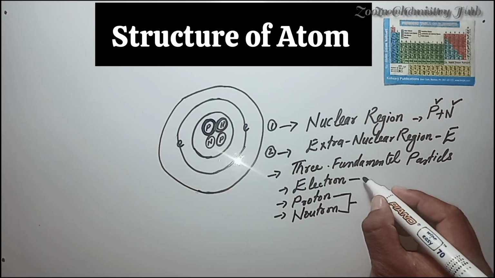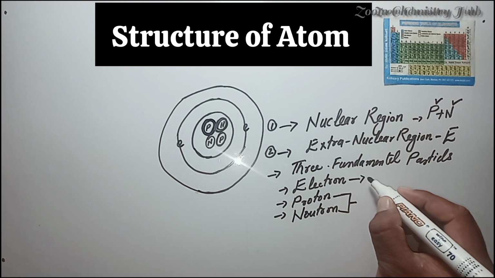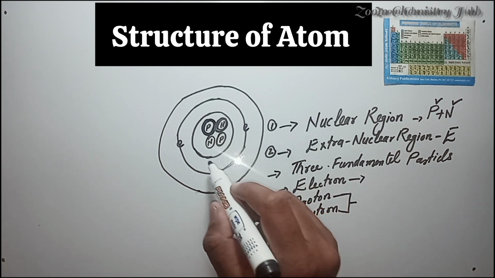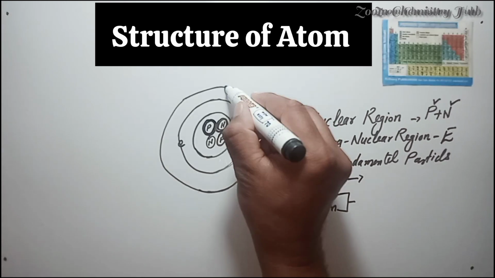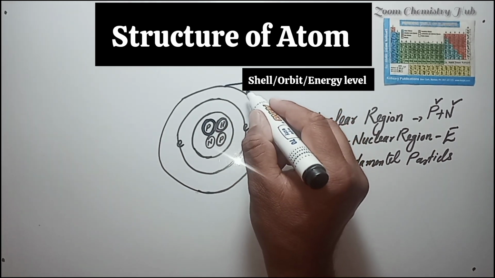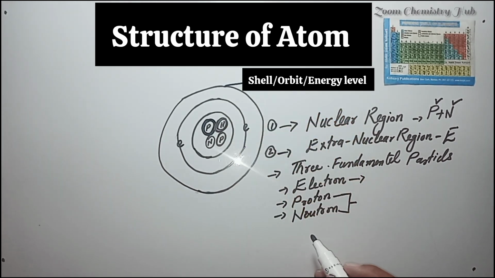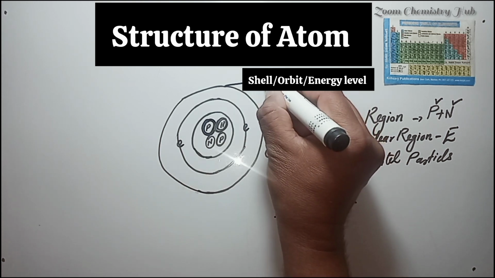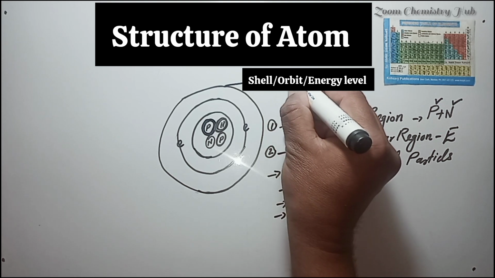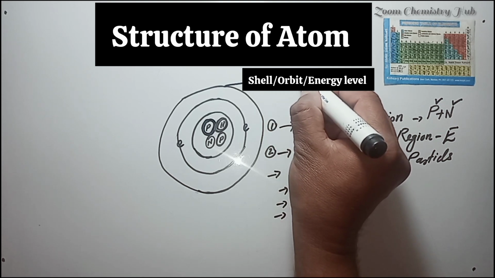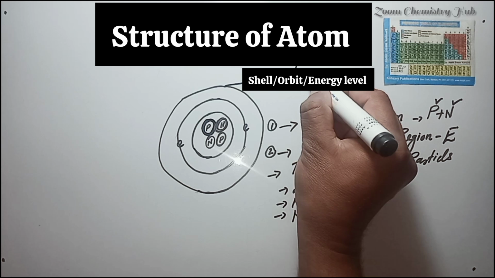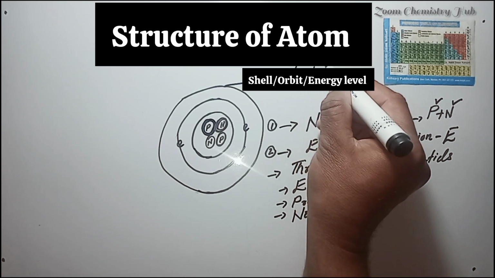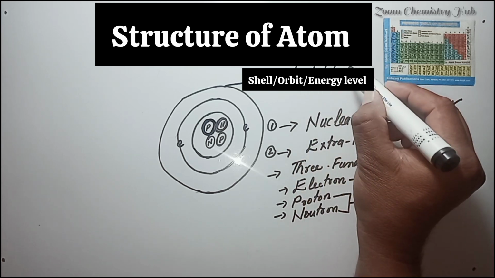These circles are called shell or orbit or energy level. So these circular paths on which electrons are revolving continuously are called shell, orbit or energy level.